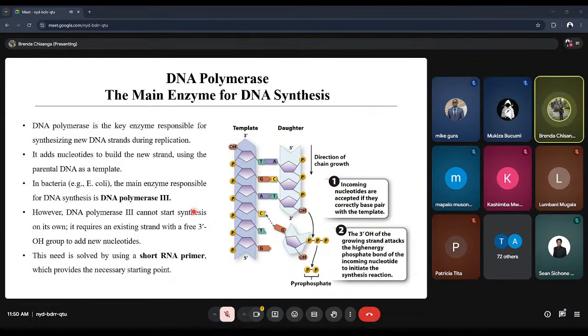But because this time around, we've decided to focus on prokaryotes, the enzyme that polymerizes DNA, or the enzyme that adds nucleotides to the daughter strand, using the template, of course, is referred to as DNA polymerase 3. Written like that. Now, DNA polymerase 3 is going to add nucleotides in the 5 to 3' direction. I want us to focus on this diagram. I hope you can see it clearly.